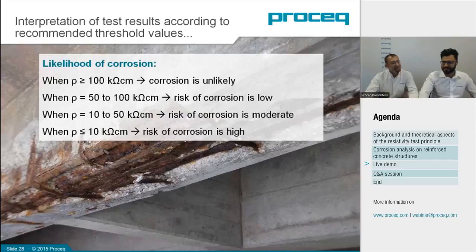Well, whenever we see something below 100, we normally say that, well, there is conductivity. So we need to keep our eyes open. So we just went to the moderate likelihood of corrosion.